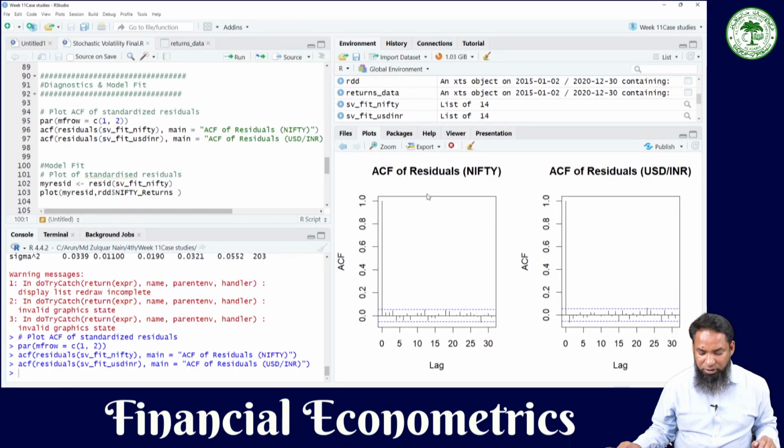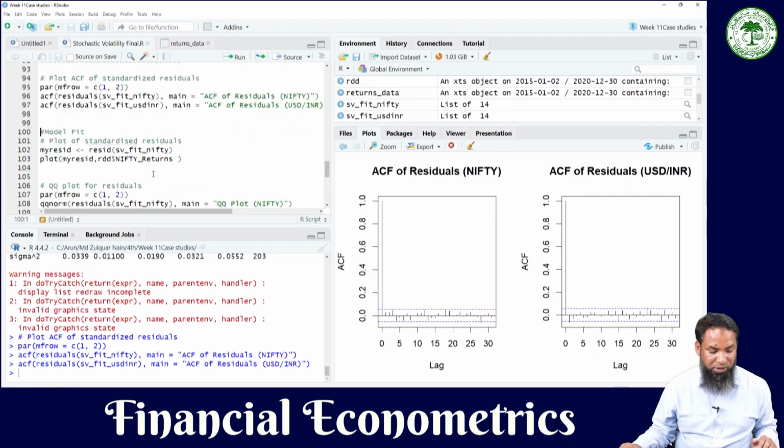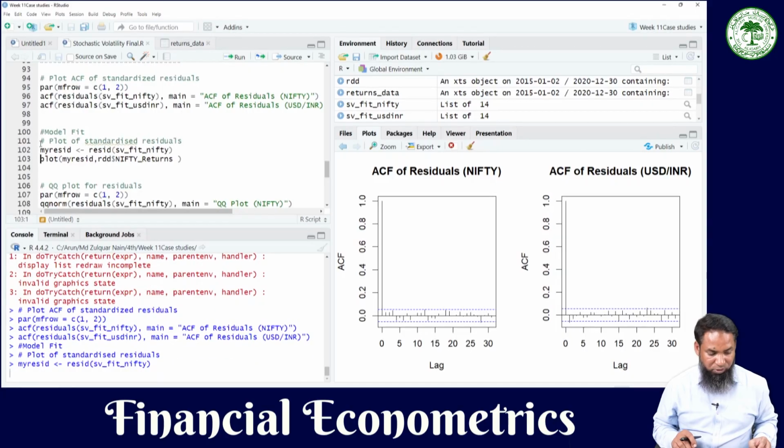So this is the ACF of the residuals here and the ACF of the exchange rate here. In both cases we are looking that it is significant only at 1 lag. After that it is almost 0. So that means the model seems quite a good fit because we do not have a problem of ACF and PACF.